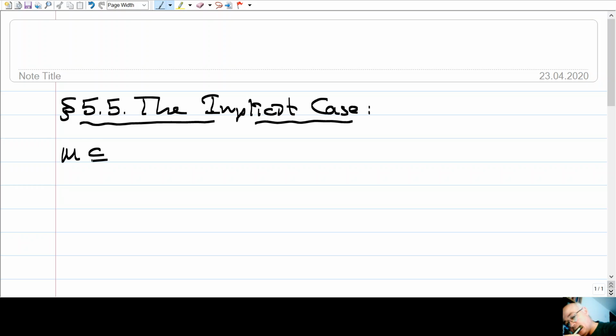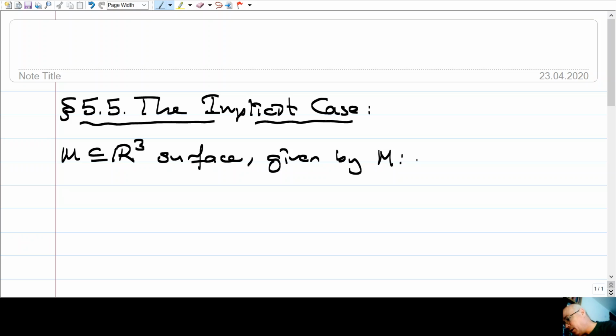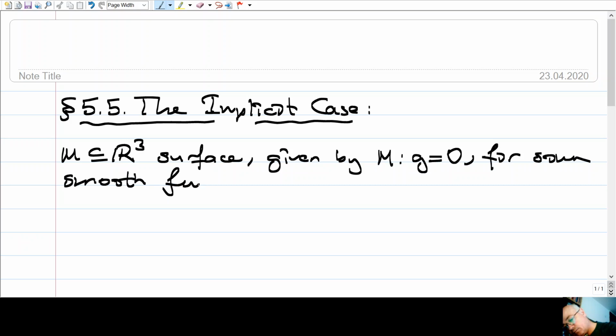So let M be a surface in R3, given like this, the zero set of some smooth function g from R3 into R. All right.